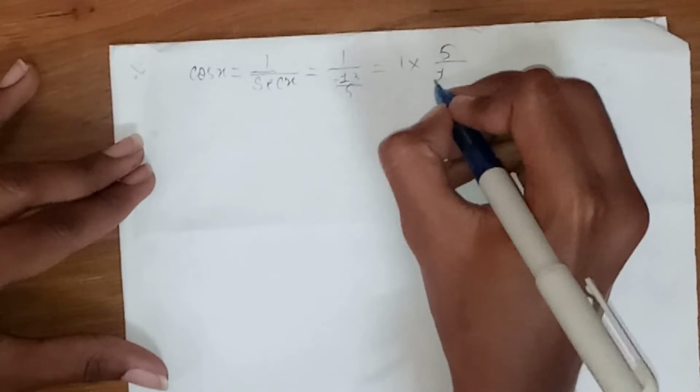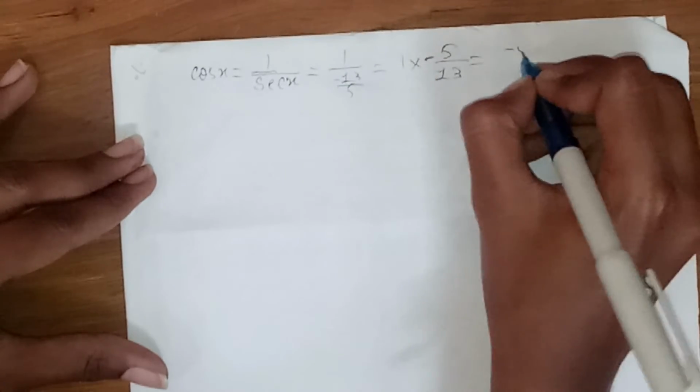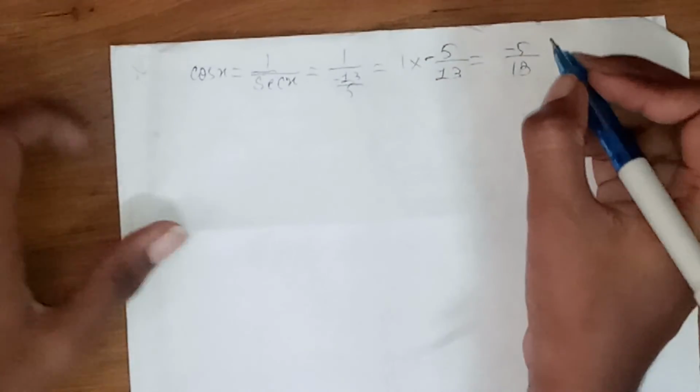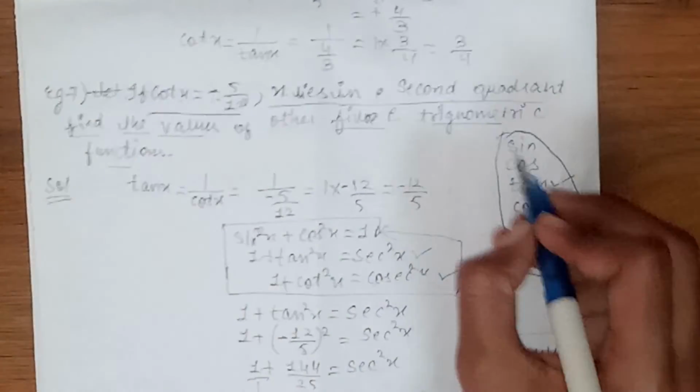So when we take the reciprocal of 13 by 5, it is 5 by 13, so minus 5 by 13. So we got the value of cos also.